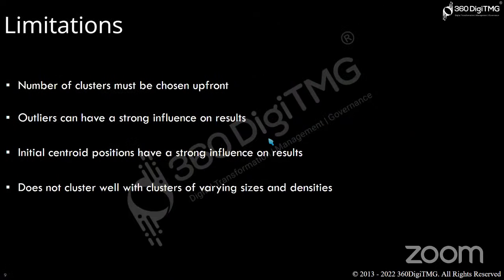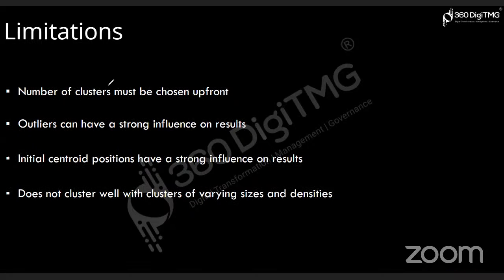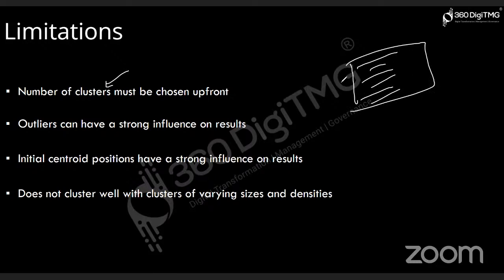Now let us learn what are the limitations of k-means clustering. The limitations are that the number of clusters needs to be chosen upfront. It is not like after we do some analysis, then we choose the k value.